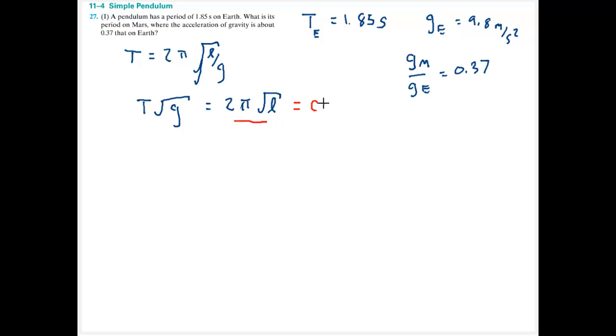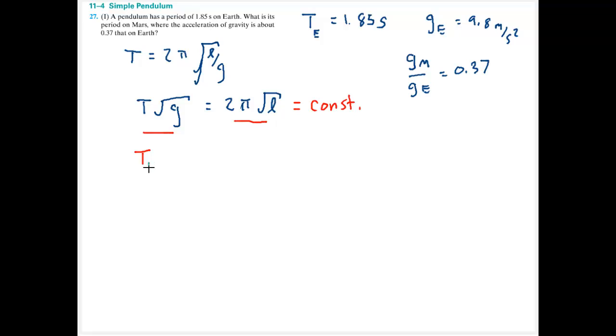So that's going to be equal to a constant value. What that means is the product of the period and the square root of gravity is going to also be a constant regardless of where the object is. If gravity goes up, the period should go down, and vice versa.